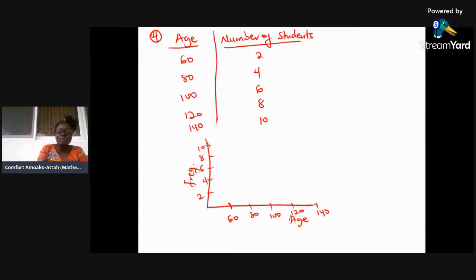What is wrong with my graph work? I'm done and I start plotting. Yes, take capitals, because 60 is 2, 80 is 4, 100 is 6, 140 is 10. What is wrong with my graph work?